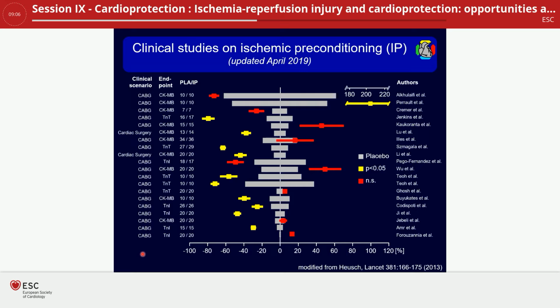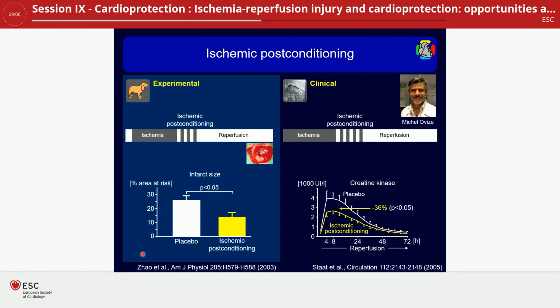That's not truly an imaging point. So the clinical relevance of ischemic preconditioning is probably relatively small, just because it can be applied only in elective interventions. So ischemic preconditioning per se is, in my perspective, more of paradigmatic value for understanding self-protective programs in the heart, rather than really being clinically applied.